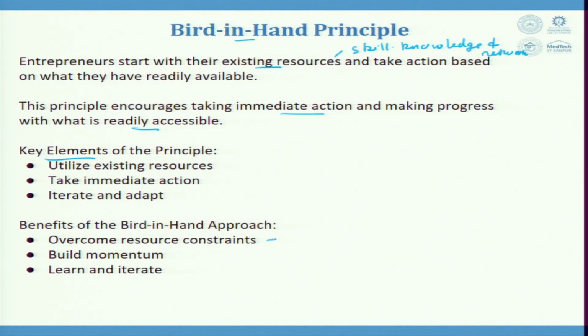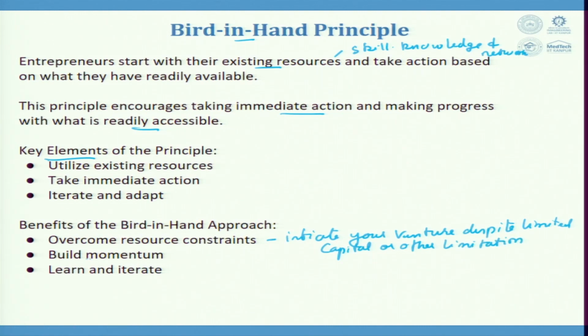What are the benefits of the bird in hand approach? Overcome resource constraints. So, you can initiate your venture despite limited capital or other limitation.